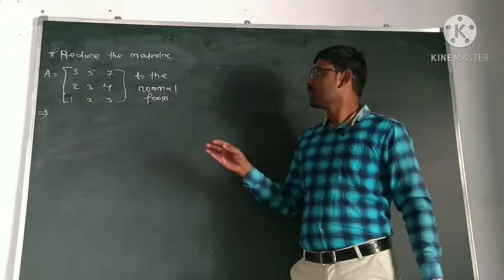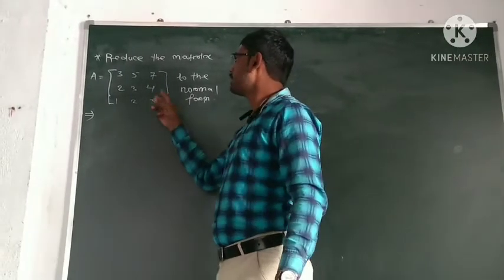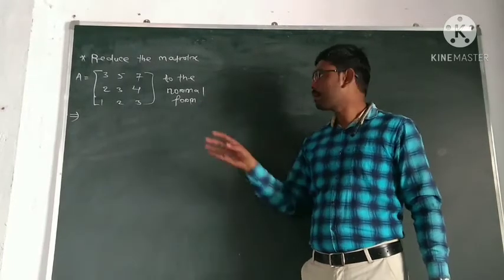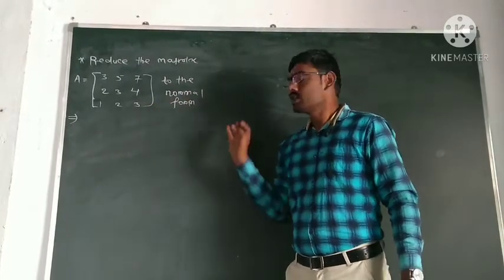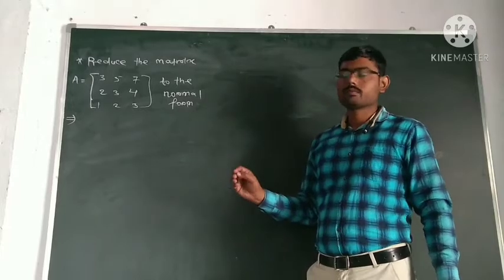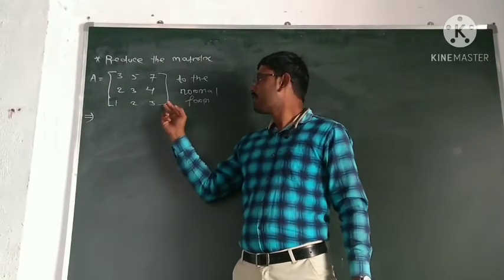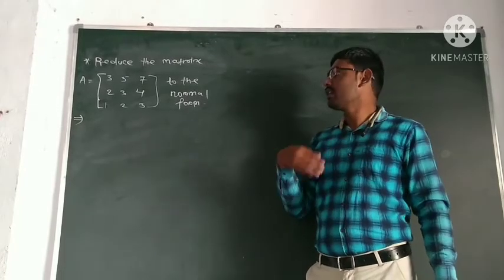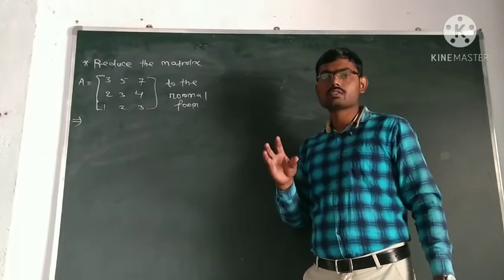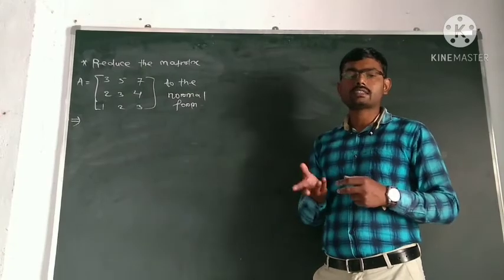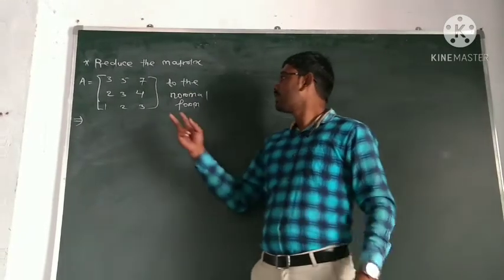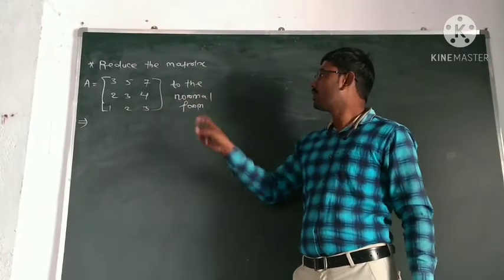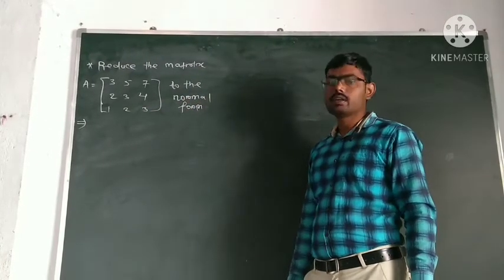Now I will solve this example, and the process we apply to reduce the matrix to normal form is applicable to any other matrices of any order. We can apply this same process to other matrices of any order. So carefully learn how to reduce a matrix to normal form.